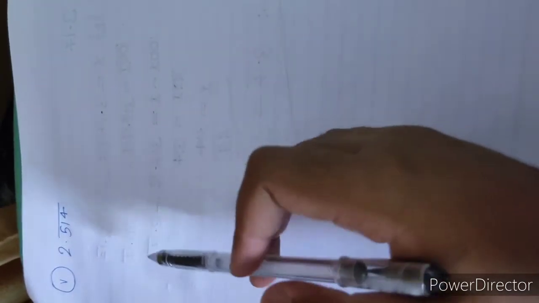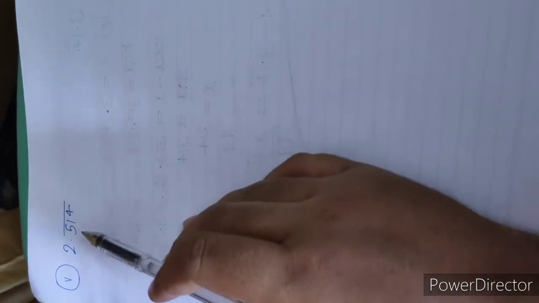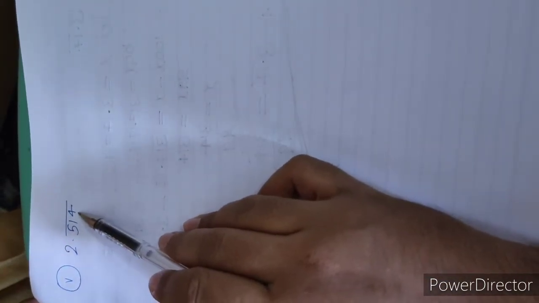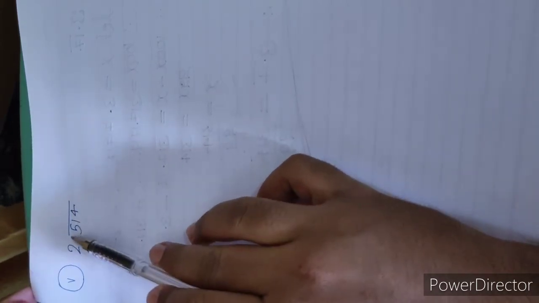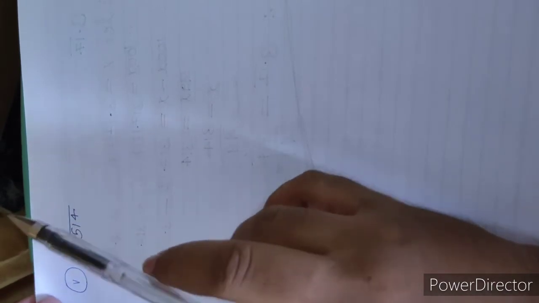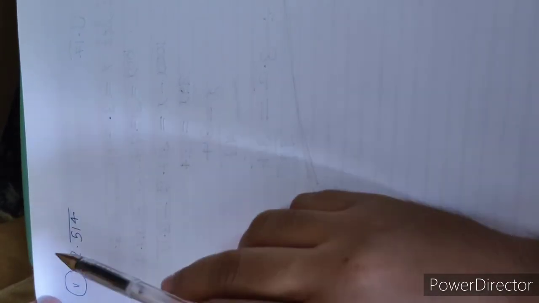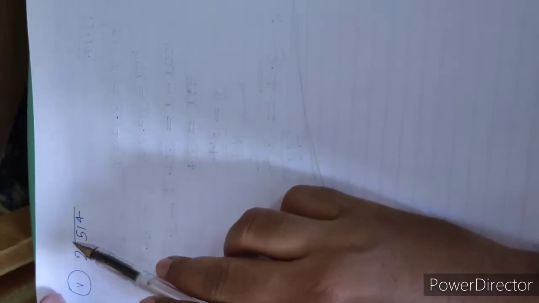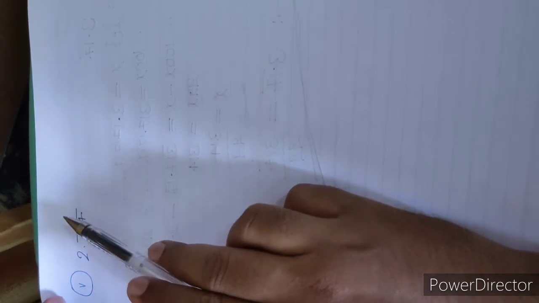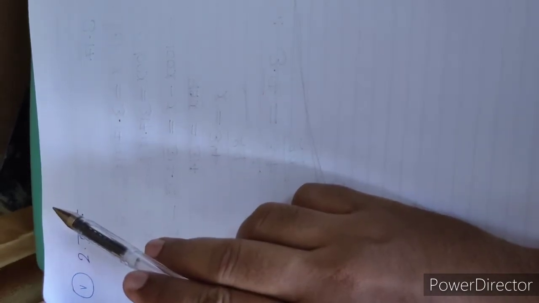Let's start question number 5. Here we are given 2.514 bar. In the first question, the bar sign was on one number. In the third, the bar sign was present on two numbers, but in question number 5, the bar sign is present on 3 numbers. So we will multiply by 1000, because 1000 is a number which carries 3 zeros.